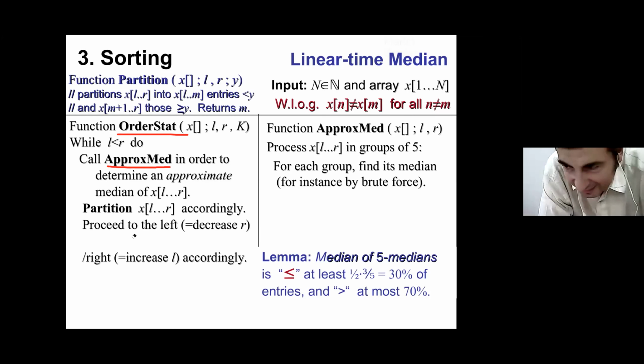And how do you find the median? It is not very relevant, as long as you do not consider constants, which we will do later. Okay, so I will go into great detail later, but as long as you ignore asymptotic constants, it doesn't really matter how you find this median.